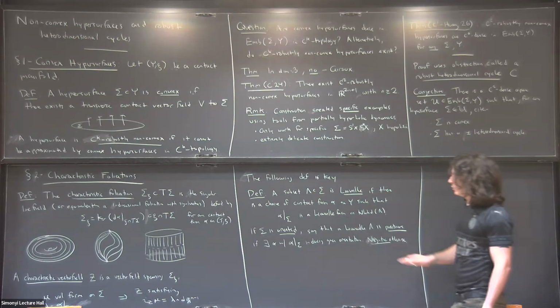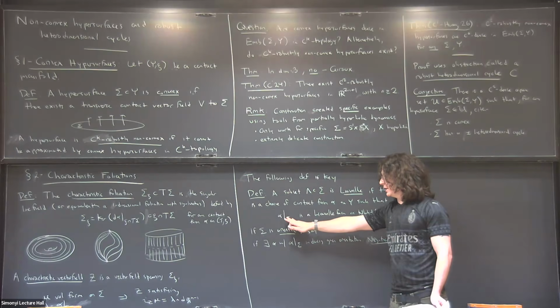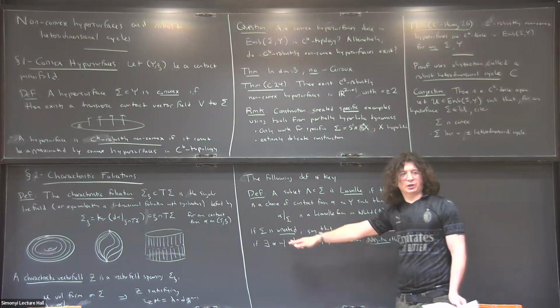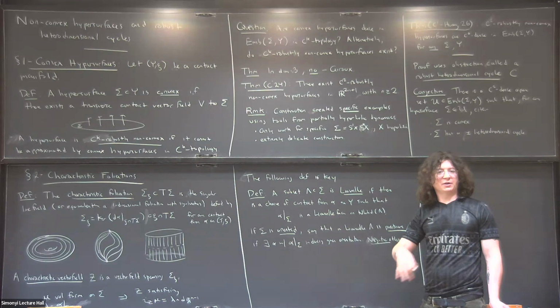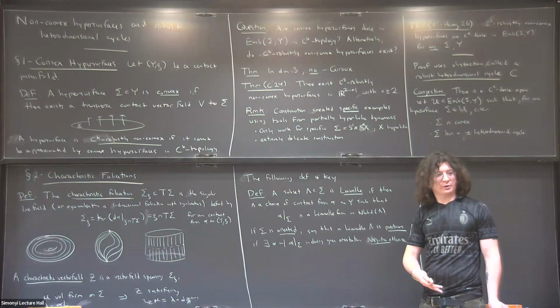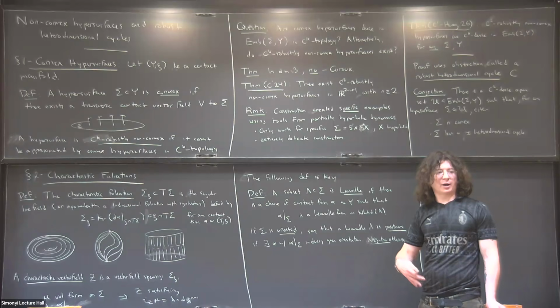So if I orient the surface, then I can additionally ask for the Liouville form to either induce that orientation or the opposite orientation. So then I'll say it's negative Liouville or positive Liouville.